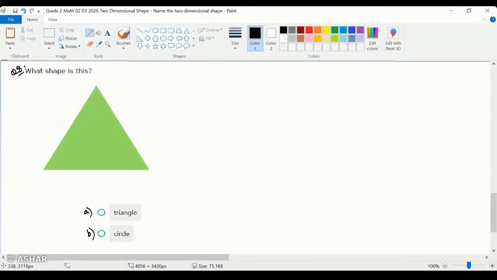I've done very simple shapes. We are doing 2-dimensional shapes, not 3-dimensional shapes. The name of the topic is 2-dimensional shapes, right? So there are only 3 edges, 3 corners. 3 corners would mean it is perfect.